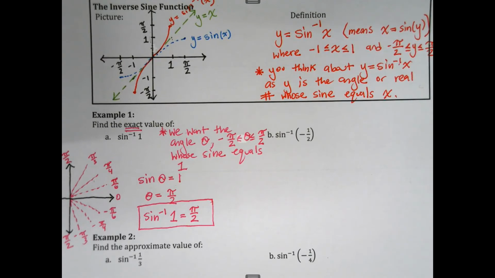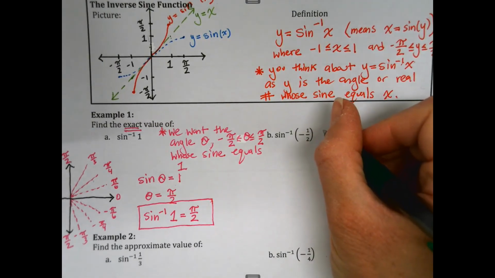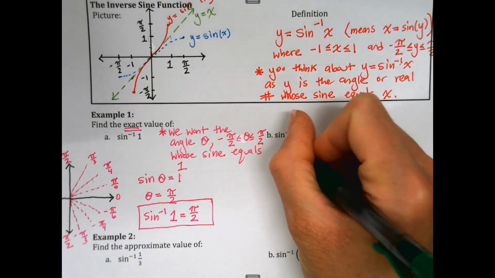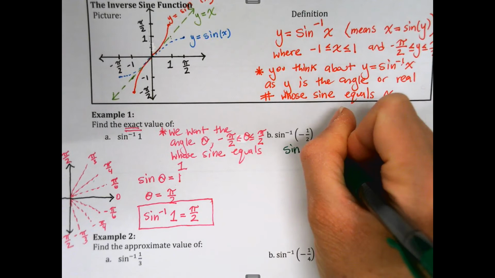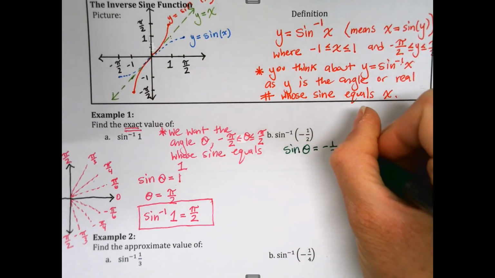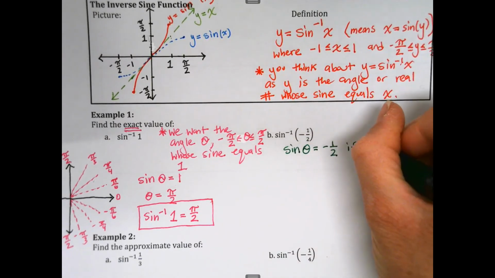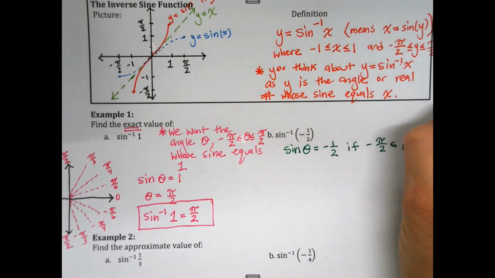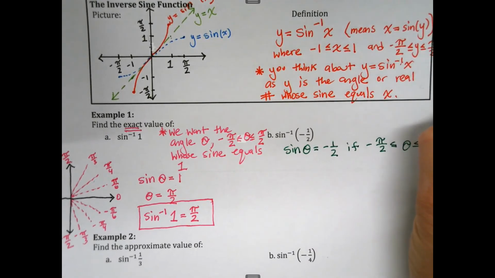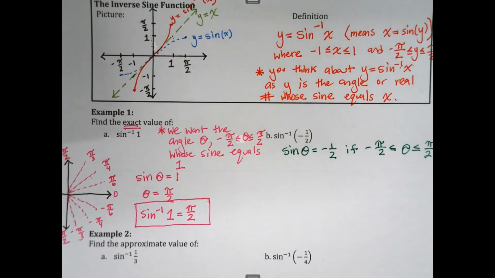For number 2 here, we want to find the inverse sine of negative 1/2. So essentially, we want to find when the sine of theta is equal to negative 1/2 if theta is between negative pi over 2 and positive pi over 2.